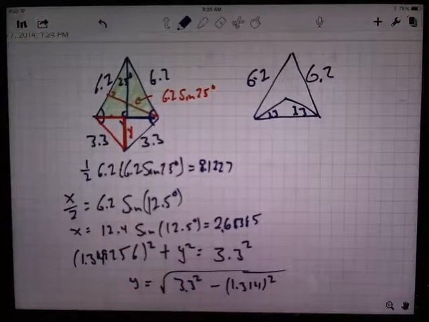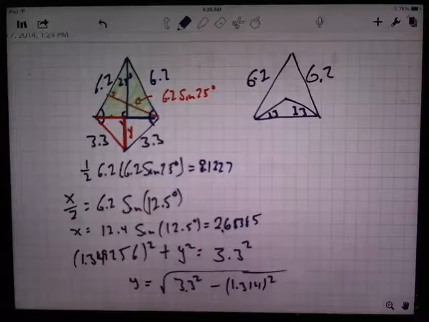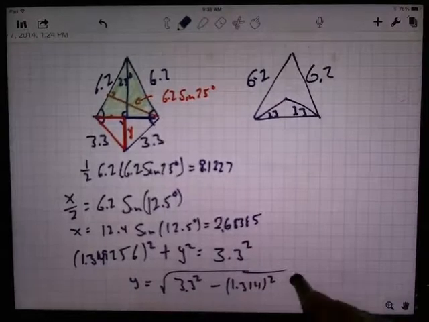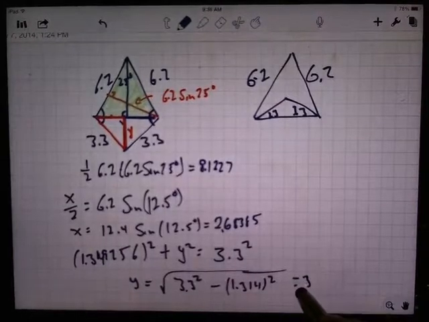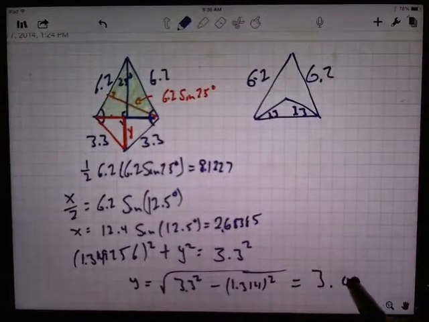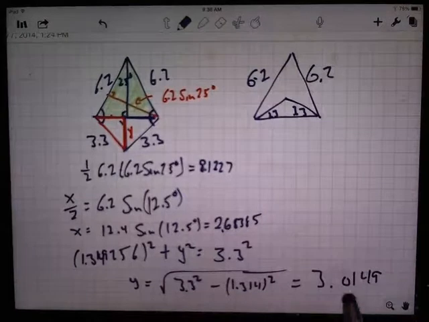So I've got the square root of 3.3 squared minus answer squared. So I get that y is 3.0149, whatever.